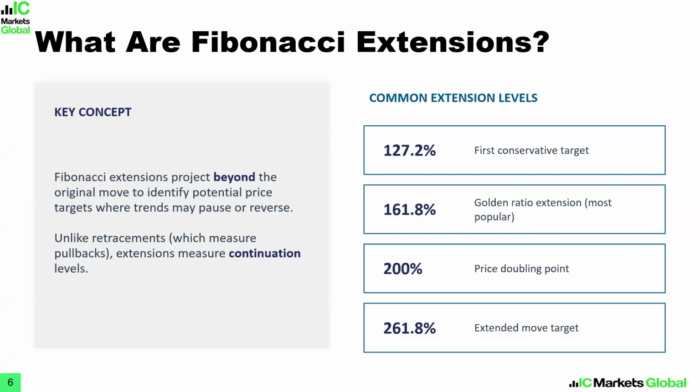The first conservative target is 127.20, 161.8 is the golden ratio extension, the most popular one, 200% is the price doubling point, and 261.8 is for the extended move target, like when price has a really strong uptrend.